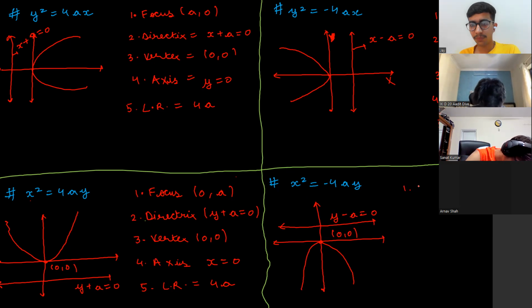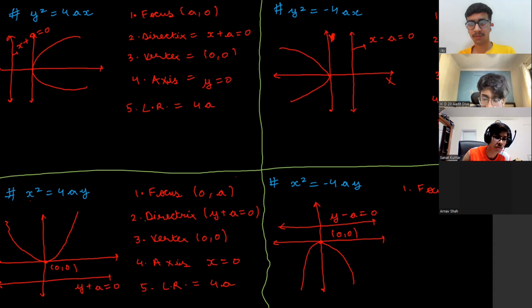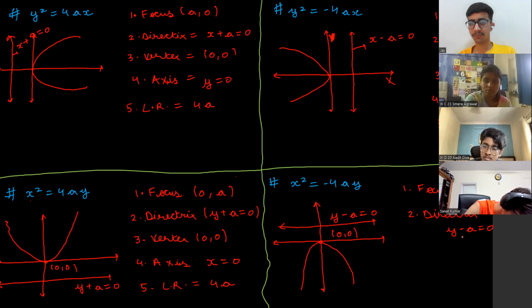Okay. So focus is 0 comma a. No, 0 comma minus a. Opposite, right. What about the directrix? y minus a is equal to 0. Cool.